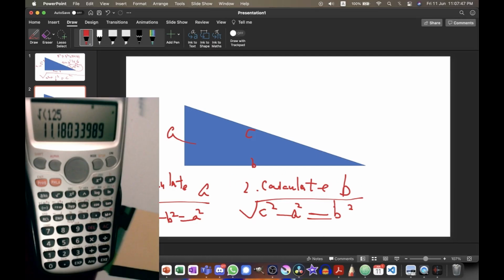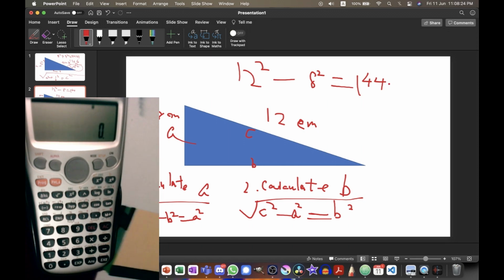Now let's try to calculate b. So for example, a equals 8 cm, c equals 12 cm. 12 cm squared, c squared, take away 8 squared, b squared equals 144. 144 take away 64 equals 80.